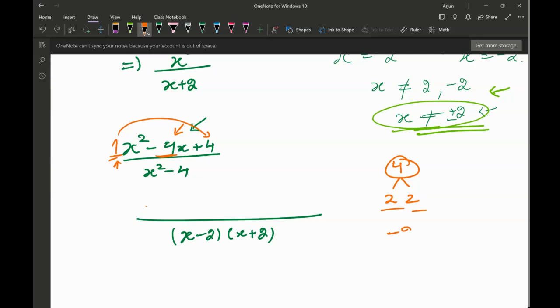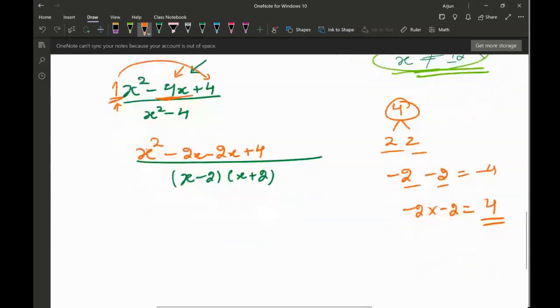So I will write it as actually negative 2 and negative 2, because negative 2 and negative 2 will give me negative 4 when I add them, and negative 2 times negative 2 will give me 4, which is the product of 1 and 4. Now I will rearrange, or shall I say, I will convert this 4x into negative 2x and negative 2x plus 4.